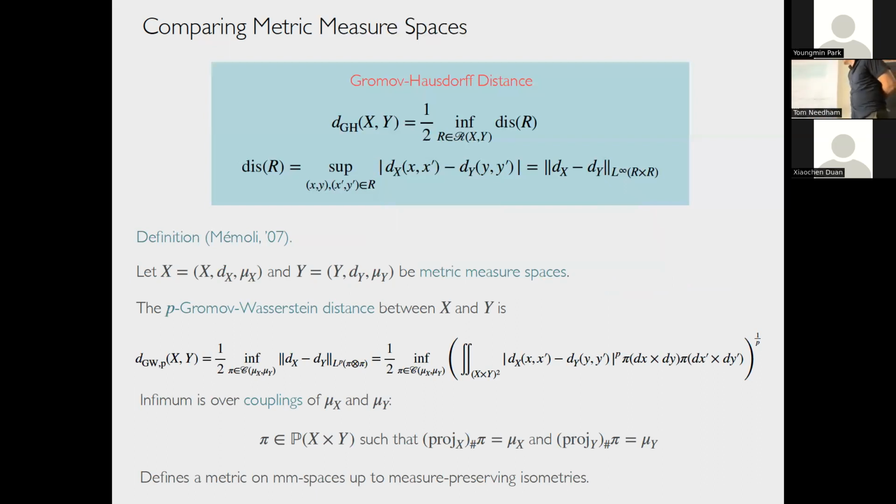This was invented by Facundo Memoli. It is called Gromov-Wasserstein distance, instead of Gromov-Hausdorff distance. The Wasserstein is referring to optimal transport. Now, in order for there to be an LP norm, I need measures lying around for that to make sense.